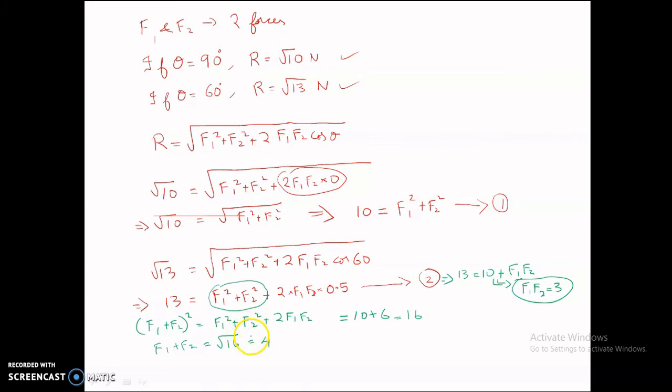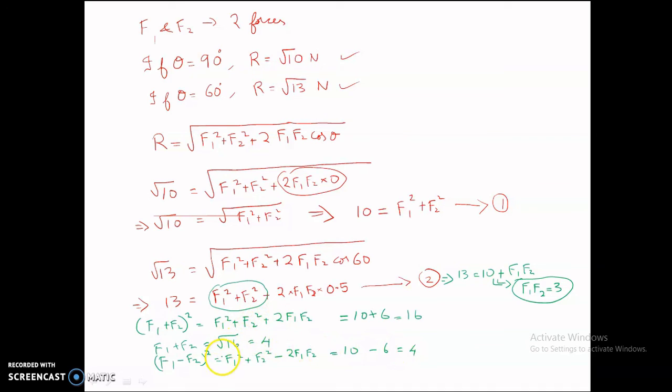In the similar way, you can find F1 minus F2 the whole square, that is F1 square plus F2 square minus 2 F1 F2, which is equal to 10 minus 6, that is 4.